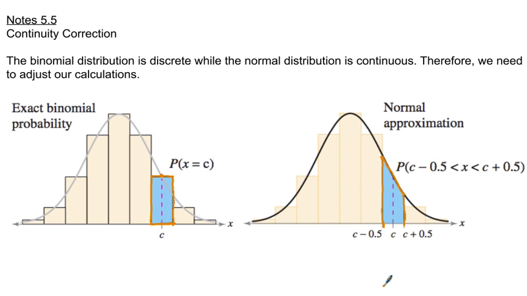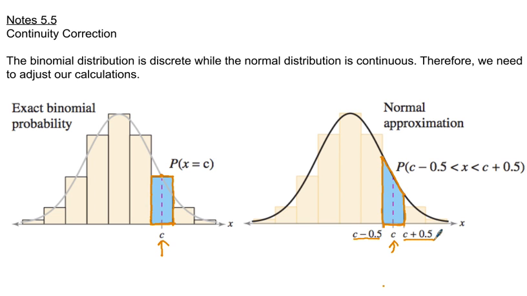Also, over here in the binomial distribution, we just enter our value that we're looking at. Whereas with the normal approximation, since it is continuous, we need to sum this whole area, and if our value is c right here in the center of that bar, we actually have to subtract a half and add a half to get the whole width of that class on the histogram.